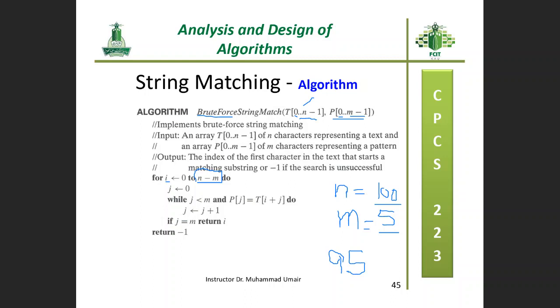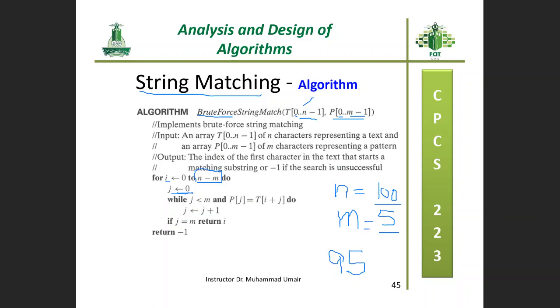Then j will be initialized with 0. It means whenever you are applying the string matching problem using the brute force technique, you have to align the pattern with the first character of the text. That's why j is initialized with 0, and you will start comparing the characters from left to right.